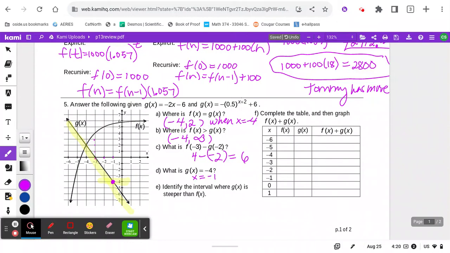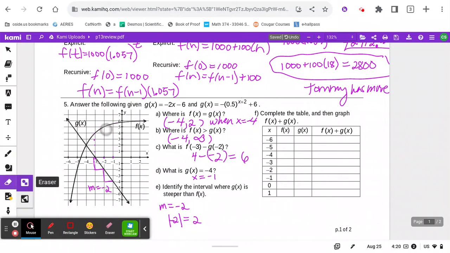Identify the interval where g of x is steeper than f of x. The line has a constant slope of negative 2, and we take the absolute value of negative 2. So we are looking for something that's faster than a rate of 2. If I go over here, this is a nice shallow part of the line.